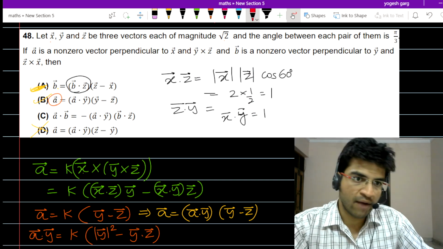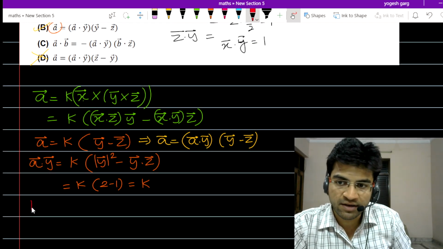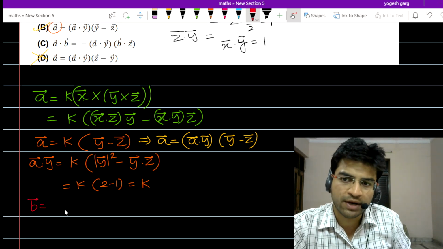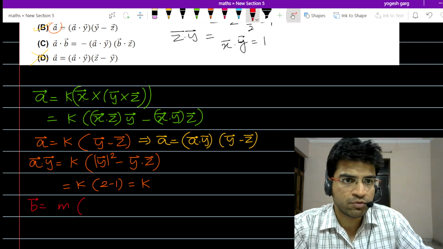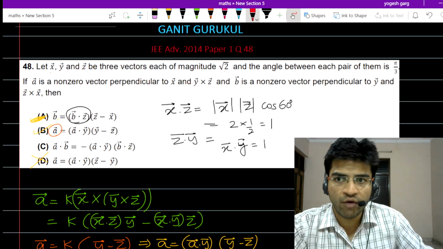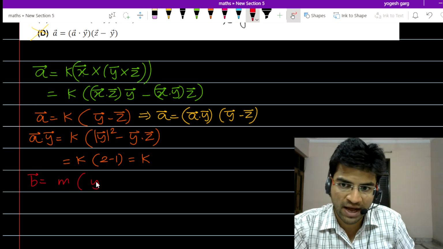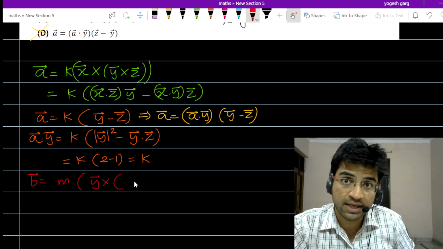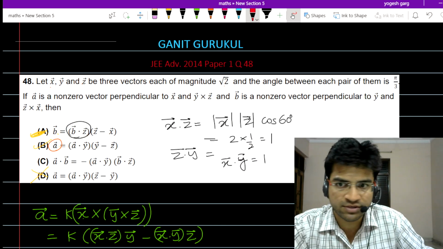So I hope you have tried it. Let me discuss. B vector is equal to, let us say, some m into, since B vector is perpendicular to y vector and z cross x, m into y cross z cross x. We should see it clearly: is it x cross z or z cross x?